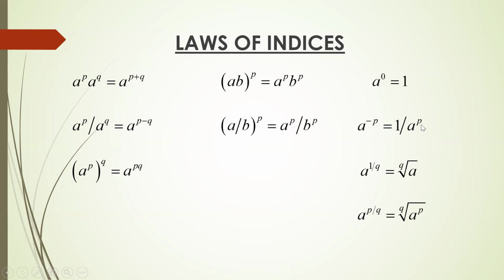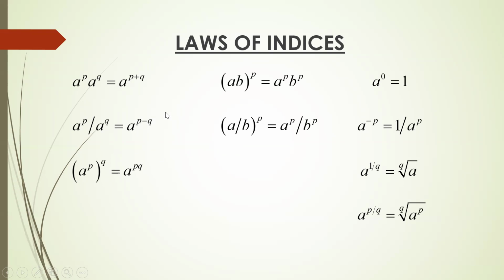Another one, if it is power 1 over q, the power 1 stays on a, while the q becomes the root. And the same scenario, if you have power p over q, the p becomes the power for a and q becomes the root for a.